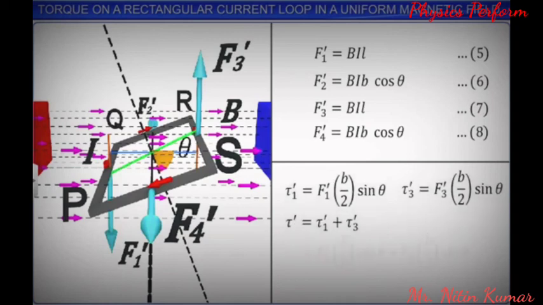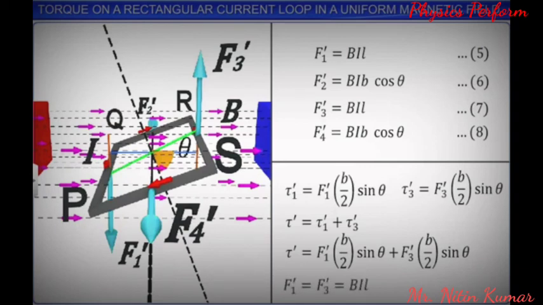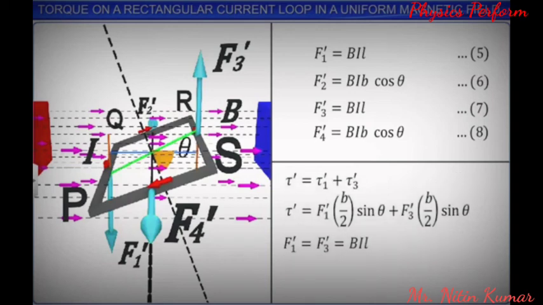This is equal to F1 dash b by 2 into sine theta plus F3 dash b by 2 into sine theta. But F1 dash is equal to F3 dash, and both are equal to BIL. Then, tau dash is equal to BIL b by 2 into sine theta plus BIL b by 2 into sine theta.